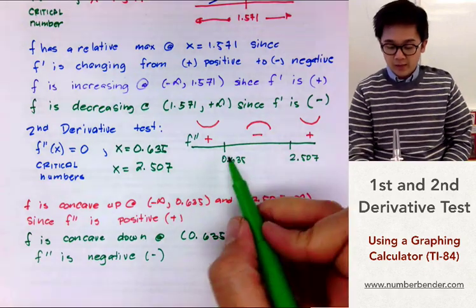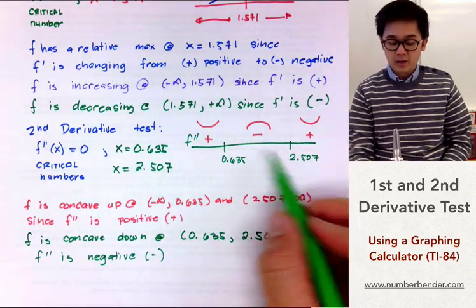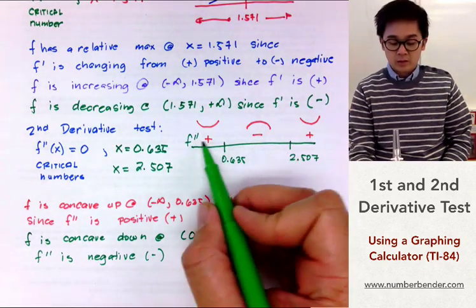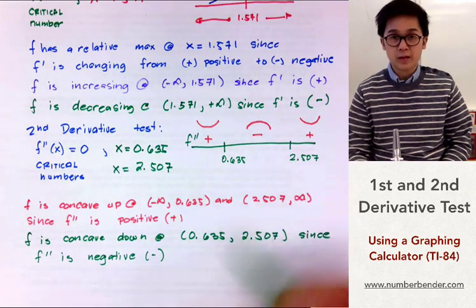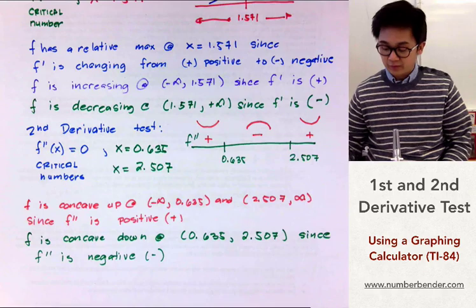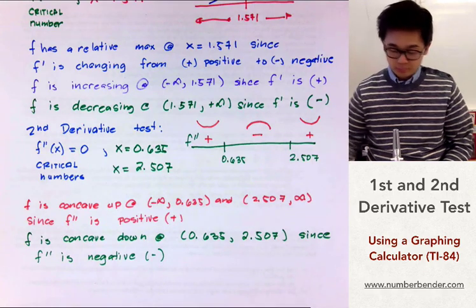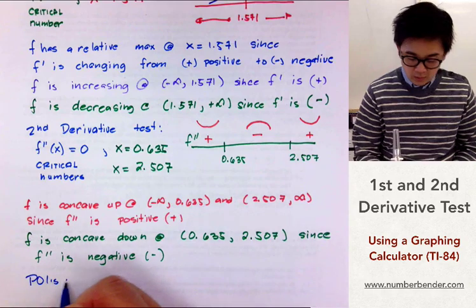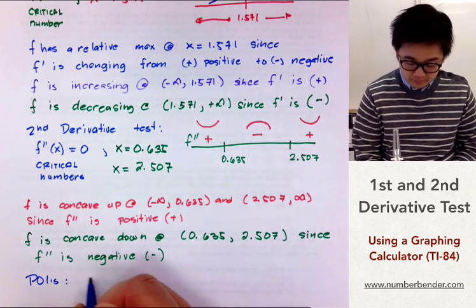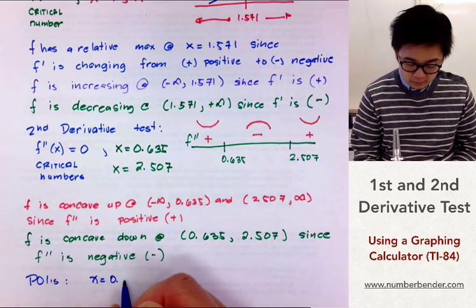And since we have two critical numbers, and on these critical numbers the concavity is changing, for both critical numbers we have 2 points of inflection. So our POIs will be at x equal to 0.